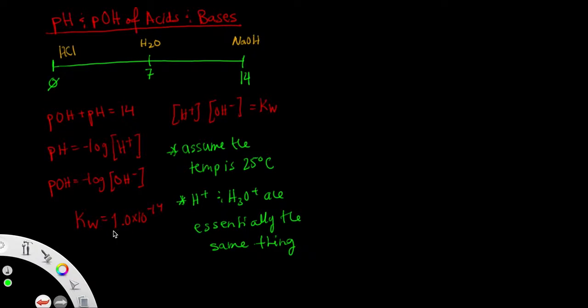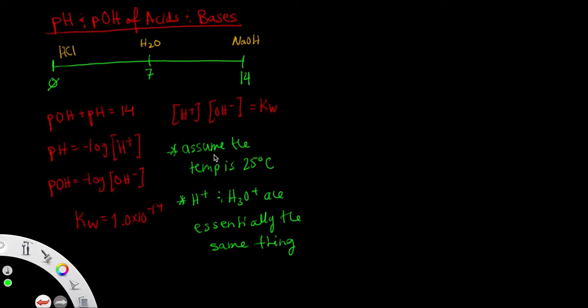And this is very important because it was found that the concentration of H plus times the concentration of OH minus equals the equilibrium constant for water. So we can manipulate this equation to find individual concentrations, which you'll see pretty soon.